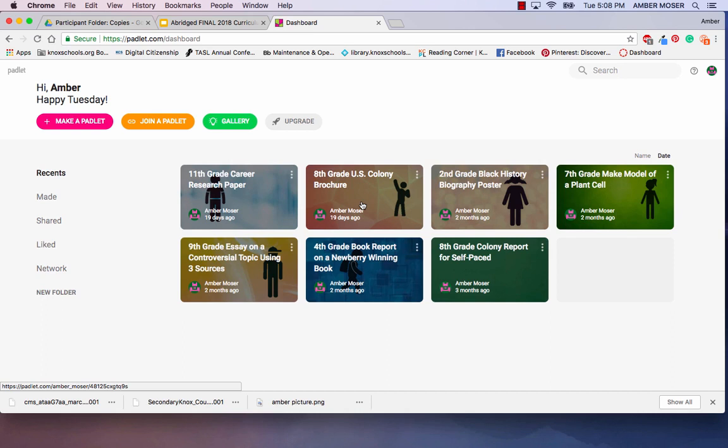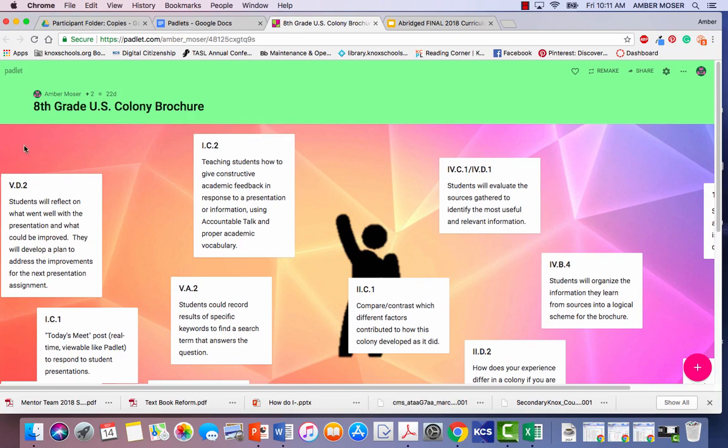And what I'm doing, although I know you can't see me, is running my eyeballs all over this document until I see something that jumps out at me as a possible candidate for adding to this lesson. I have already entered in, right up here in the upper left, my idea for elevating this colony brochure lesson.